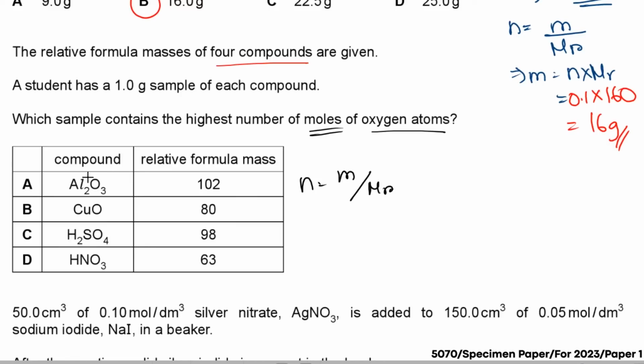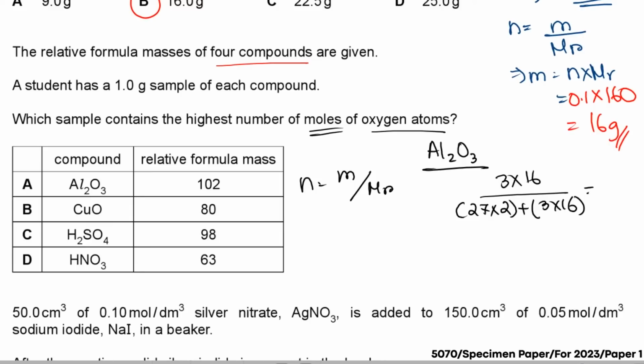So let's do it for this aluminum compound right here. For Al2O3, it's going to be 3 into 16 divided by, we have to know the MR of aluminum from the periodic table, which is given as 27. So it's 27 times 2 plus 3 times 16.